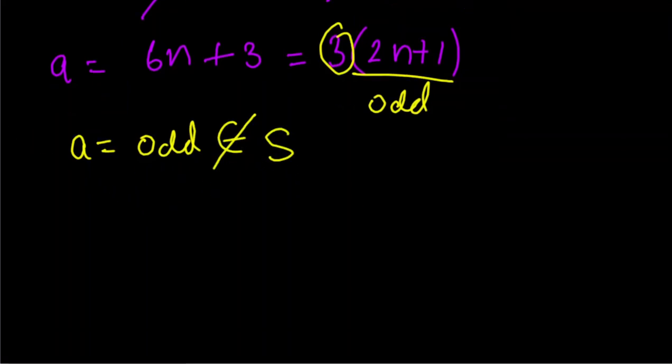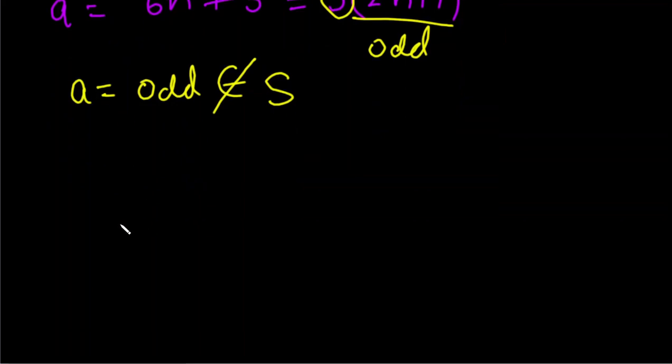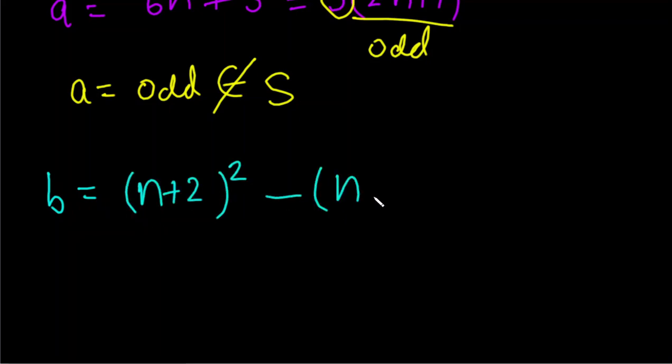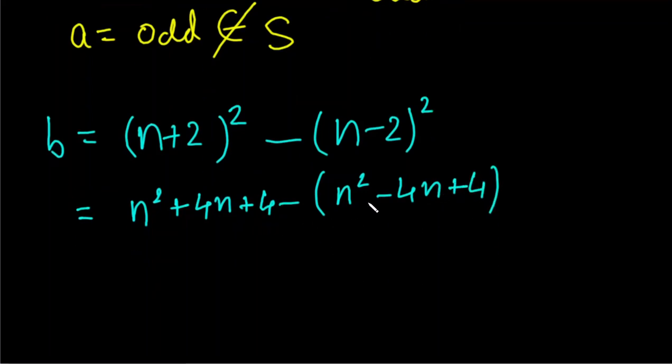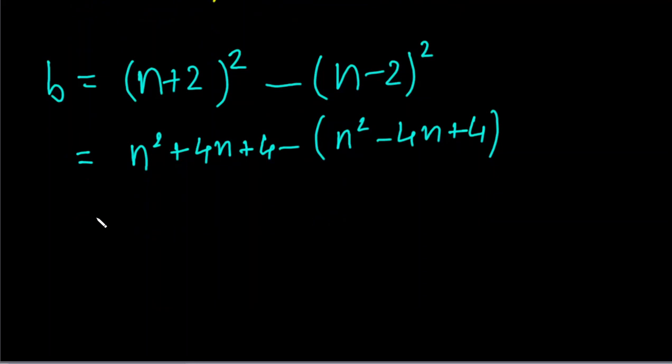So let me take one more example. Let's say b is equal to (n plus 2) whole squared minus (n minus 2) whole squared. So let me just quickly solve this. n squared plus 4n plus 4 minus n squared plus 4n minus 4. And you can see that the 4s get cancelled and the n squares get cancelled, but I'll still write this out just to be sure.